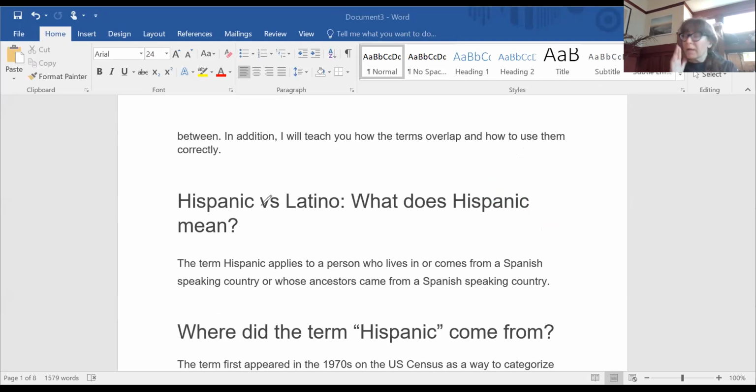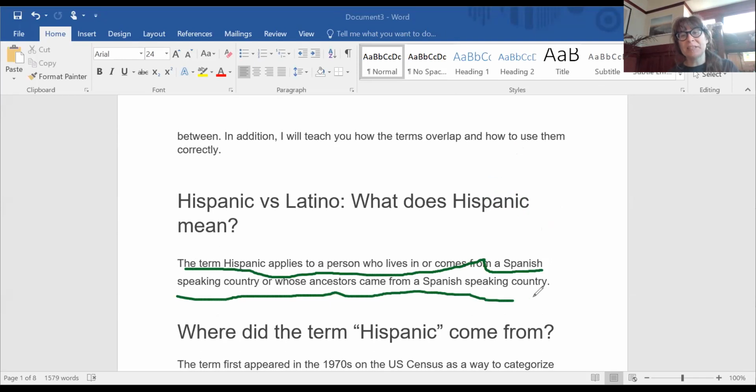Okay, so first of all, Hispanic versus Latino. Okay, this is going to be some of the answers to my first question, differences. What does Hispanic mean? I think this is going to be important. The term Hispanic applies to a person who lives in, or comes from a Spanish-speaking country, or whose ancestors came from a Spanish-speaking country. So Hispanic, I'll write this on the side, we'll make a little text box.